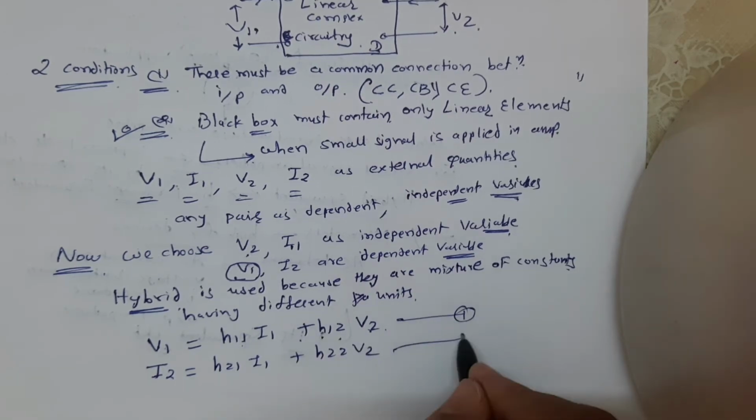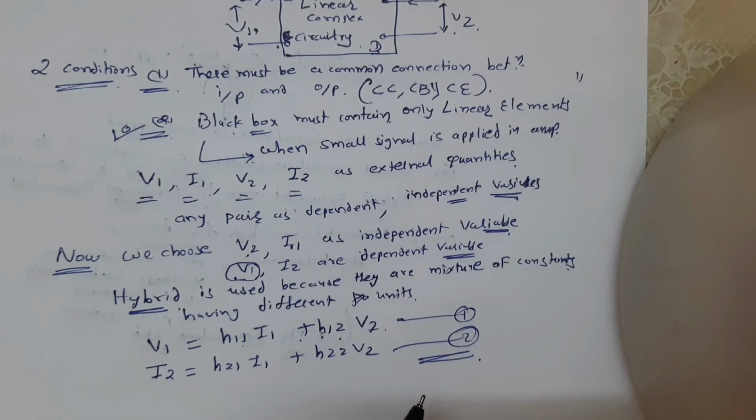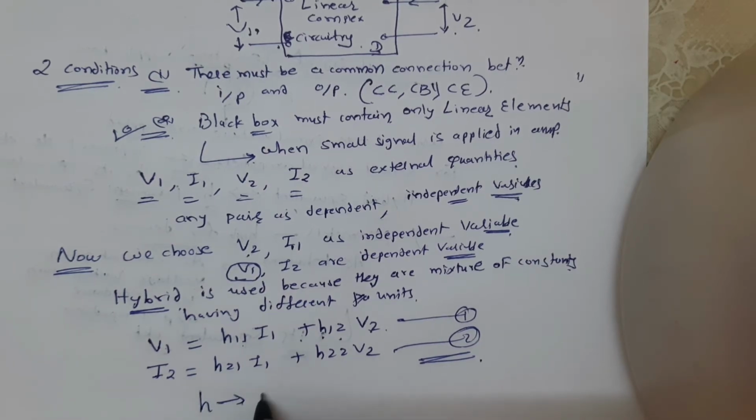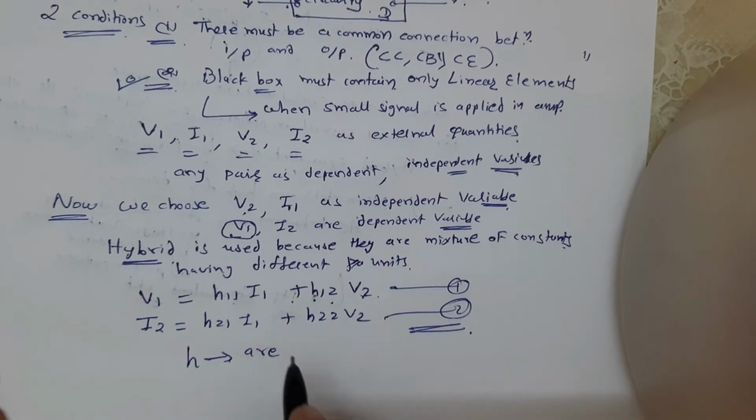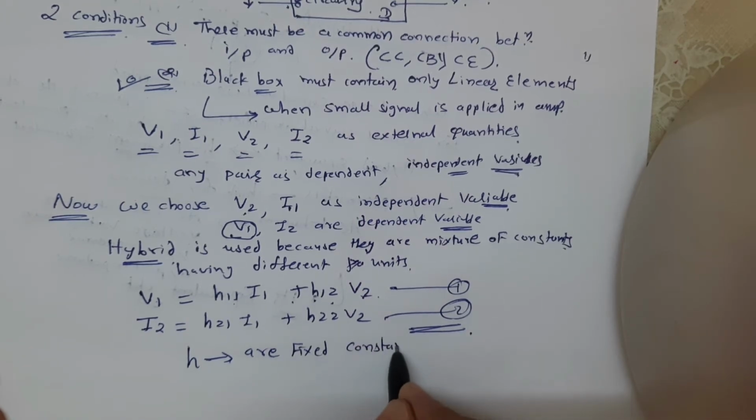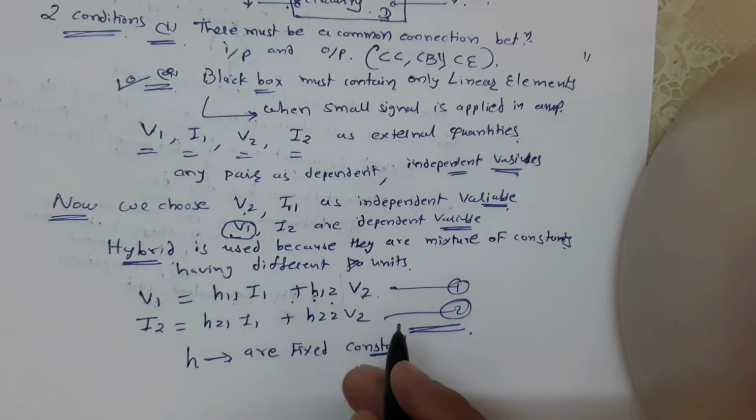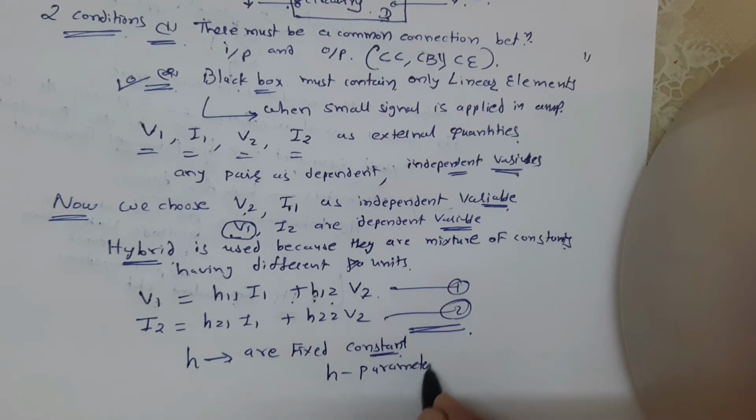These are our two equations. In the above equations, the H's are fixed constants for a given circuit and are known as H parameters.